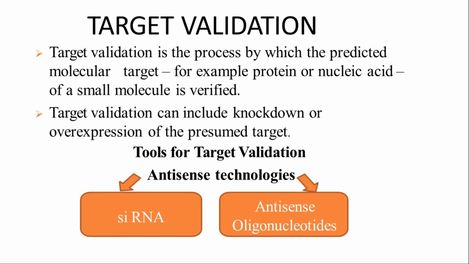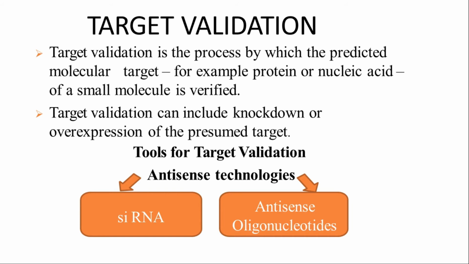Next is target validation. As I have discussed in all the previous slides, these are for target identification. All these techniques can be used for target identification, and after identification of the target we go for target validation.